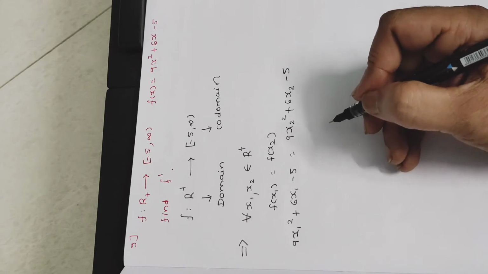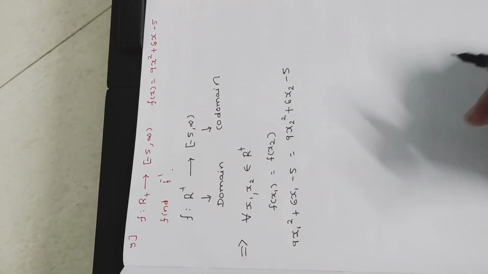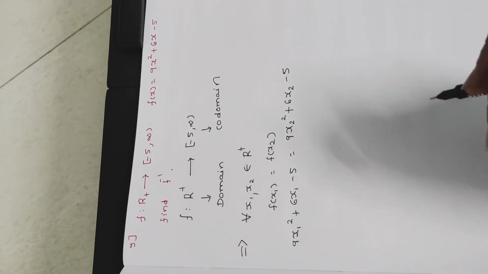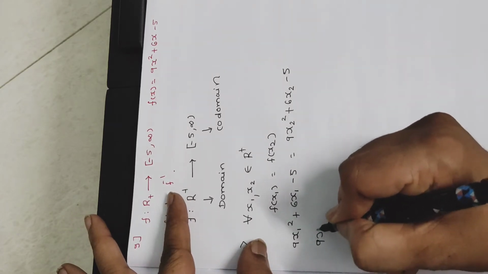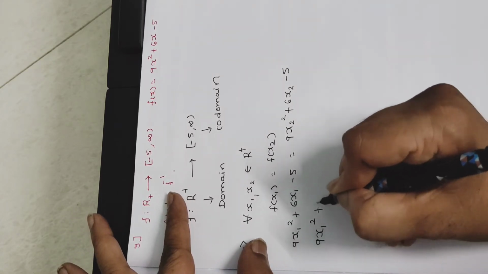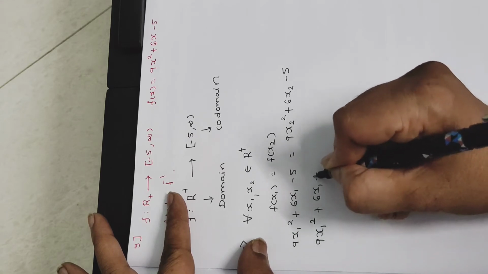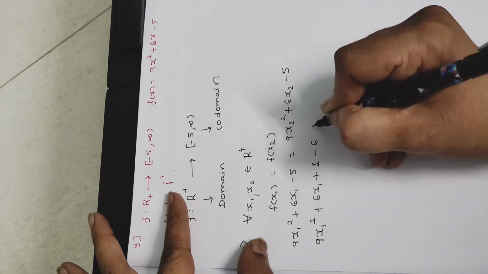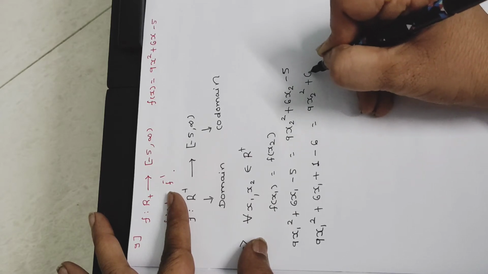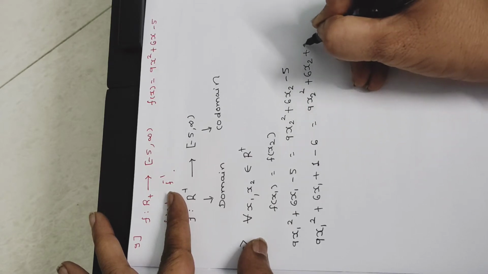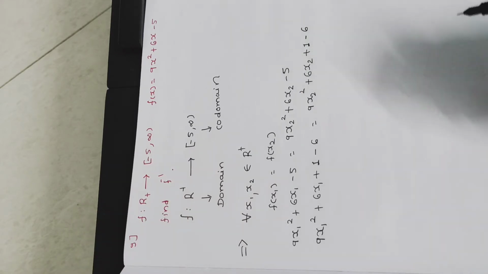Okay. Now if I want to make it pure square, I can write like this: 9x1 square plus 6x1 plus 1 minus 6 is equal to 9x2 square plus 6x2 plus 1 minus 6.